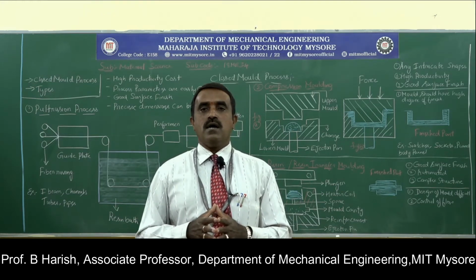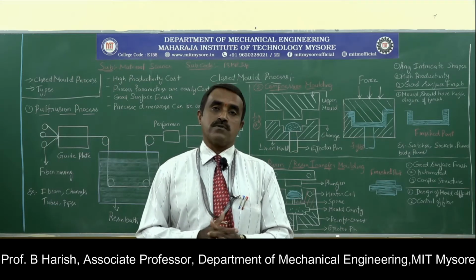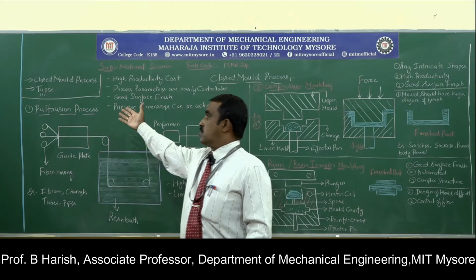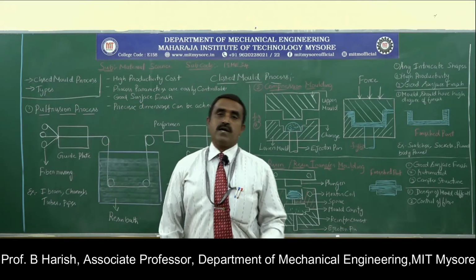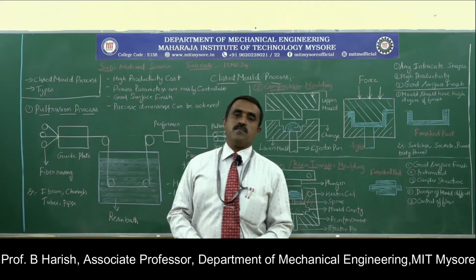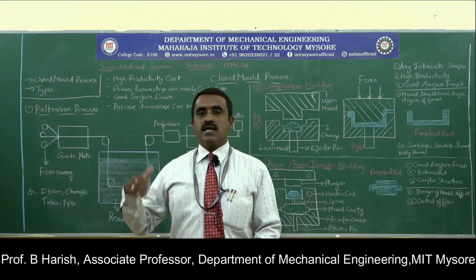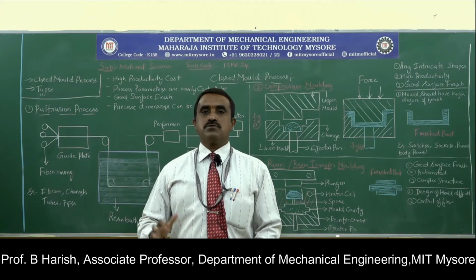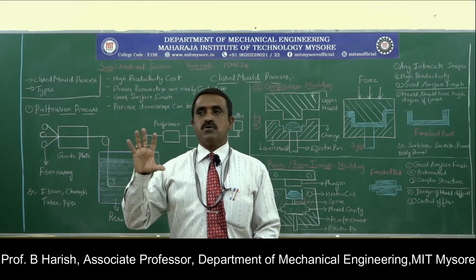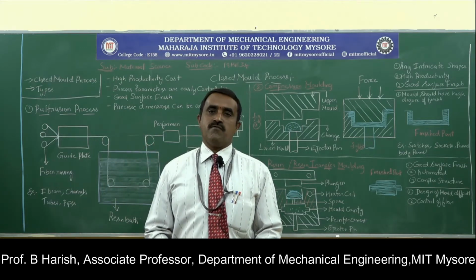Here we will be discussing the different types of closed mold process. The topics covered in this session are the production of composite materials using the closed mold process and the different methods in it, with the help of diagrams showing the important parts and how composite materials are manufactured.